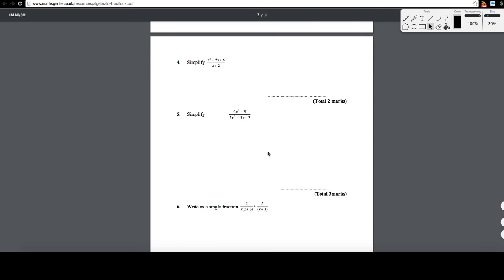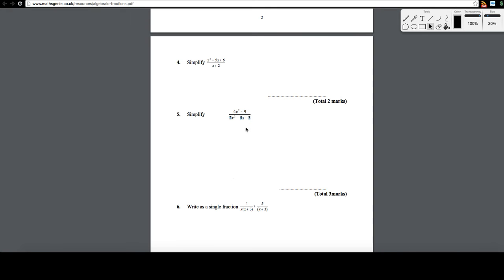Here is going to be double on the top and double on the bottom. So to get this, it is 2x plus 3 and 2x minus 3, and this is 2x minus 3 and x minus 1, and the 2x minus 3 will cancel out on the bottom and the top, leaving you with 2x plus 3 over x minus 1.